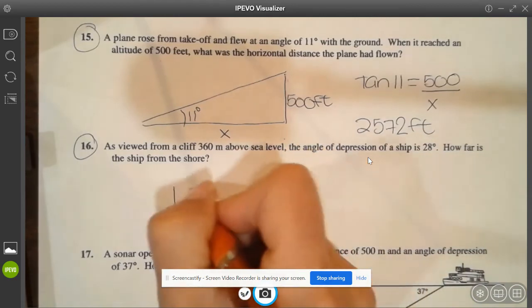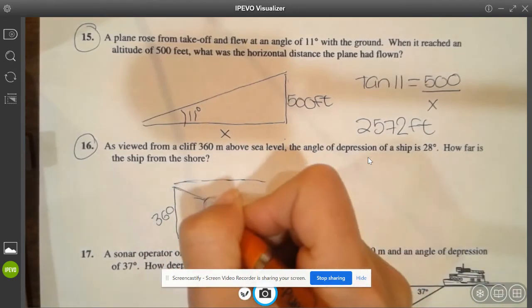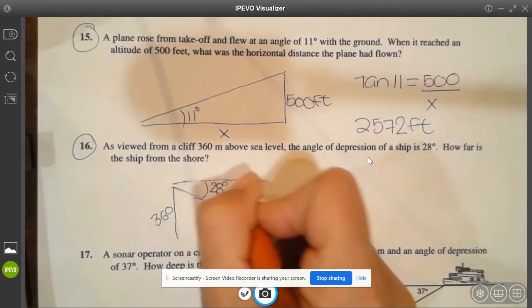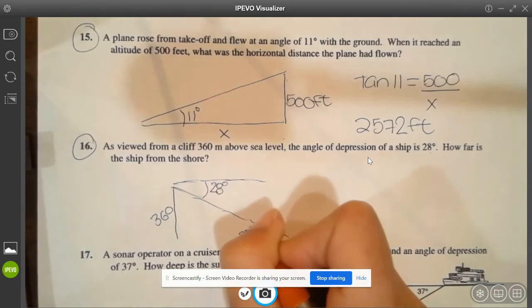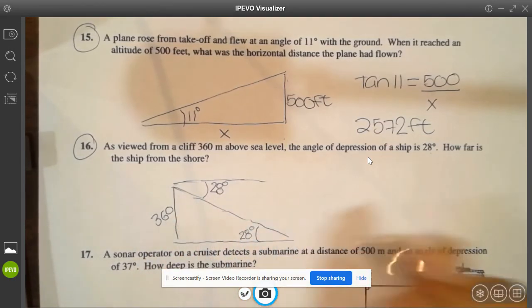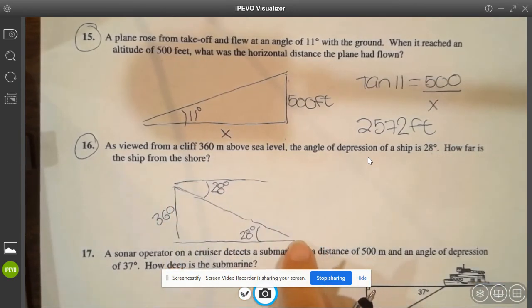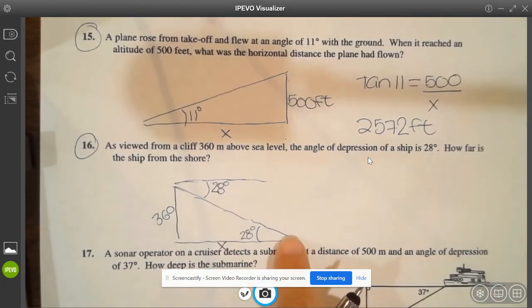The angle of depression, which is this one, is 28 degrees, which makes this one also 28 degrees because they're alternate interior angles. How far is the ship from the shore? So from right here to there. How far is this? Okay.